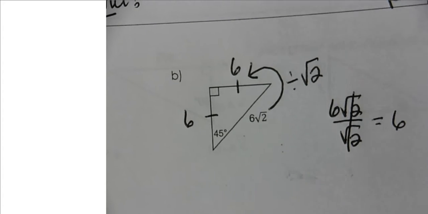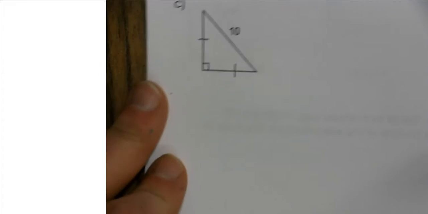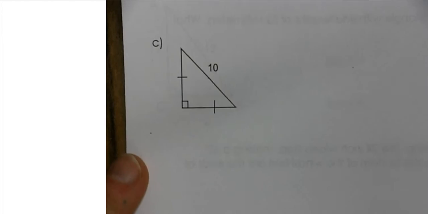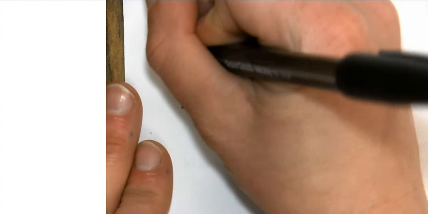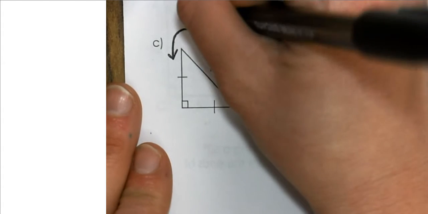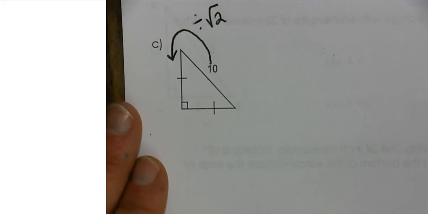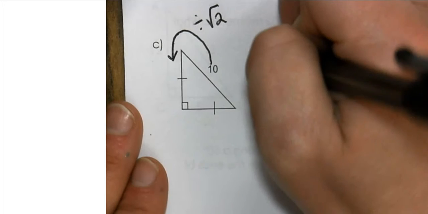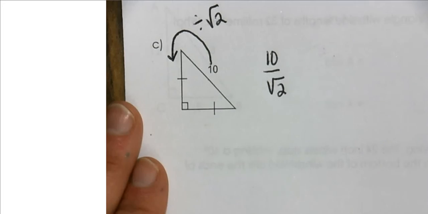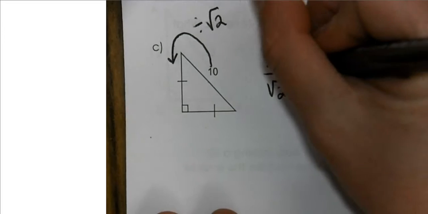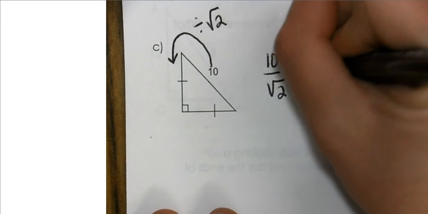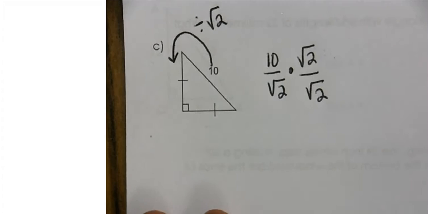Letters C and D are a little bit more intense, and that's because in this problem, I know what the hypotenuse is, and I want to find my legs, so I'm still going to use that same step of dividing the hypotenuse by the square root of 2. But now I have a root in my denominator, a root in my bottom, and I need to get rid of that root. So I'm going to multiply both the numerator and the denominator by the square root of 2.